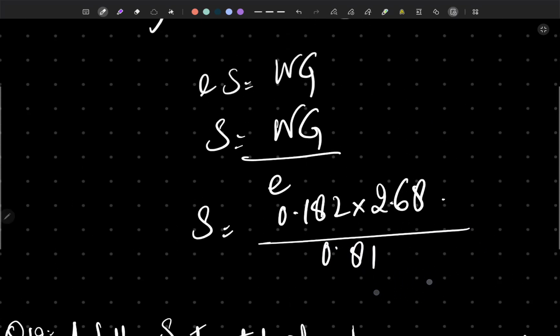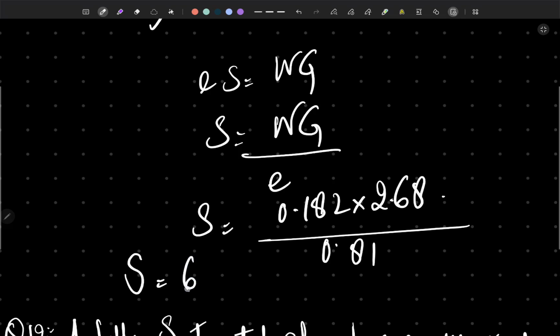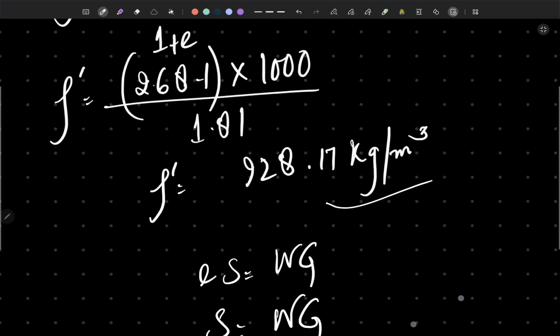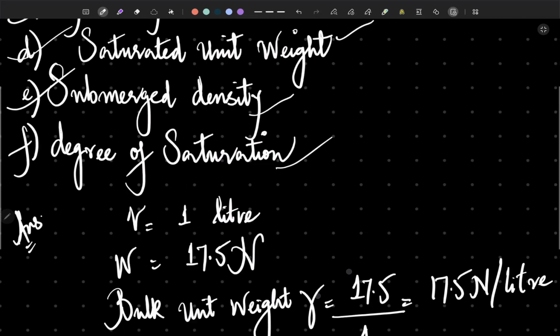Upon calculating, S is 60.21%. So we have completed all the parts of the question.